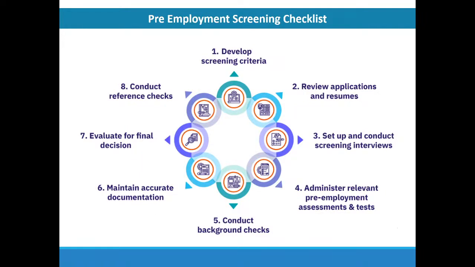rejection email. Okay, so now let's talk about the pre-employment screening checklist. So here you can see the checklist. You have to check: develop screening criteria, review applications and resumes, set up and conduct a screening interview, administer relevant pre-employment assessments and tests, conduct background checks, maintain accurate documentation.